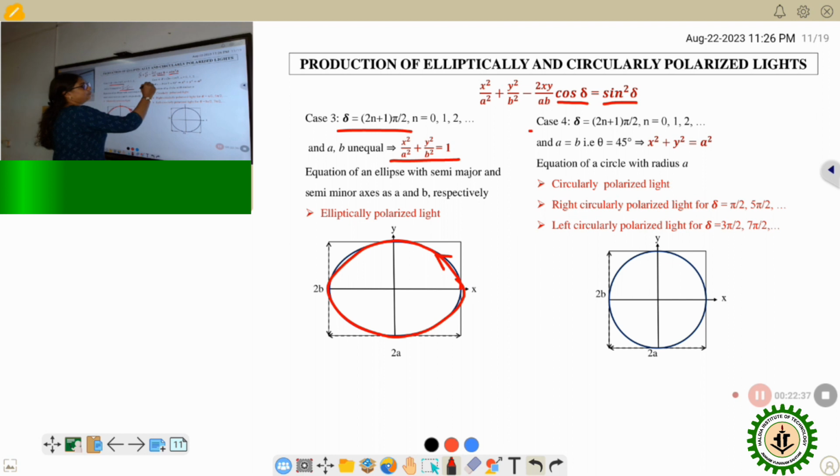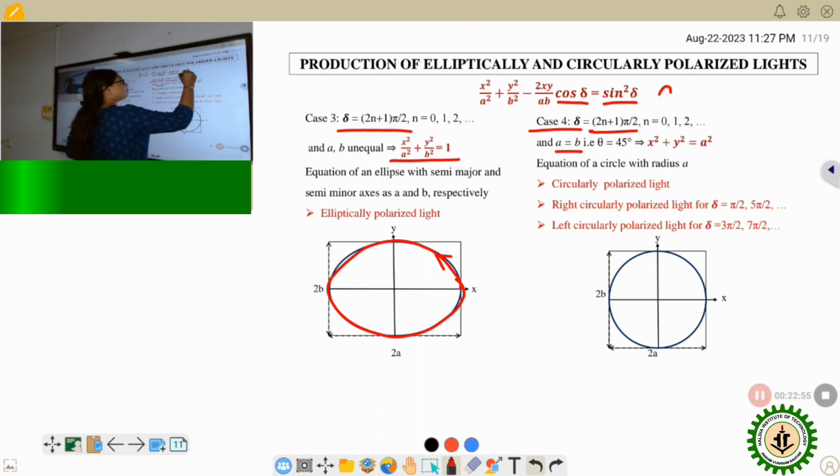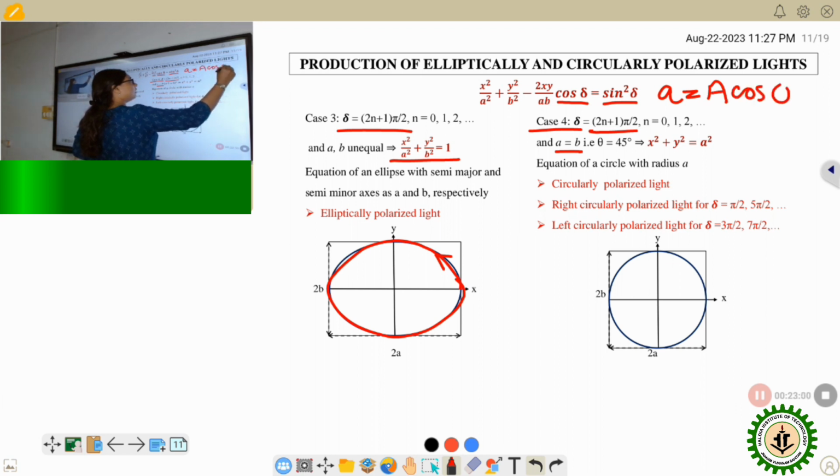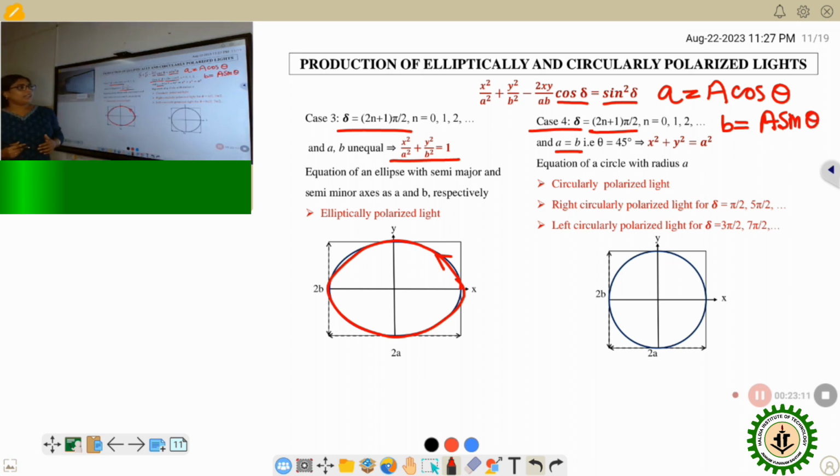Case 4, again we said that circularly polarized light is a special case of elliptically polarized light. So we get the same condition first, that is delta equal to odd multiple of pi by 2, but along with it we have some other condition, that is a equal to b. So what was a? Small a was capital A cos theta and small b was capital A sin theta. So if a equal to b, we must have theta equal to 45 degree.